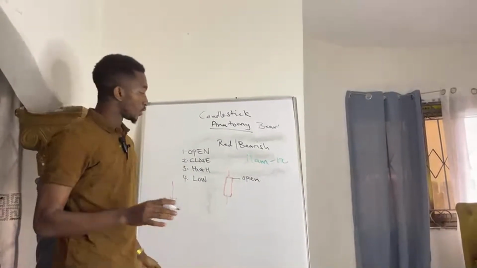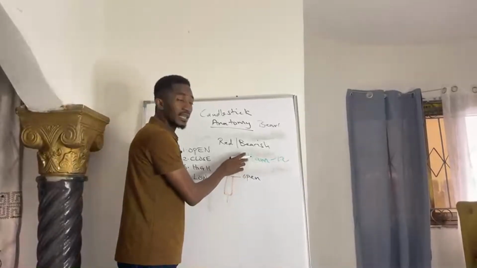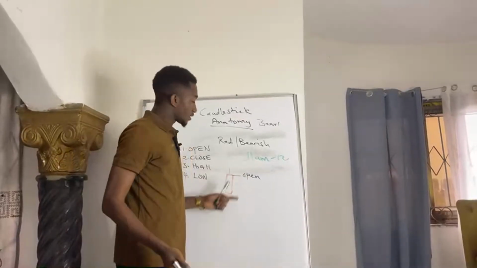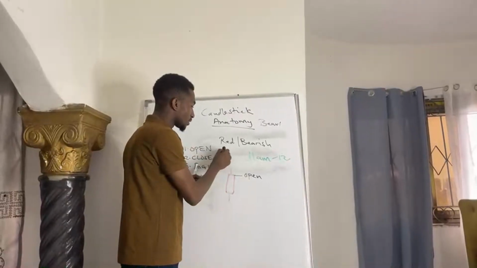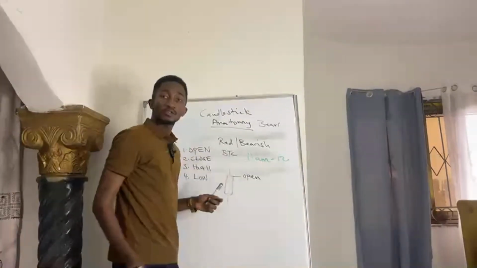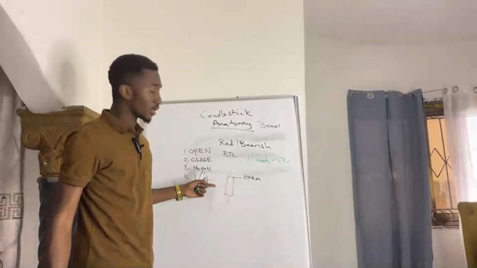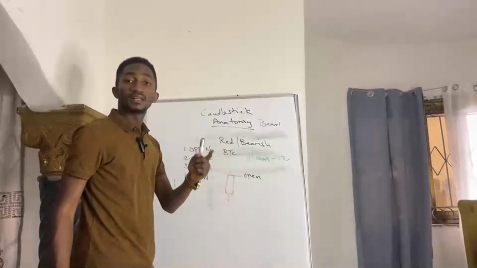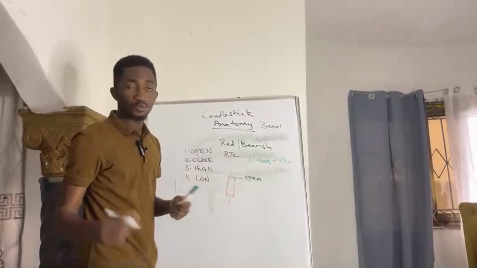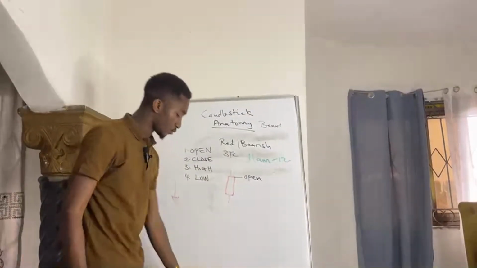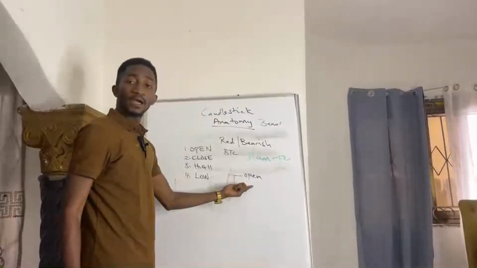Let's say at exactly 11 a.m. Sierra Leone time, and let's use BTC. Let's say this is the candle of a BTC chart. At exactly 11 a.m. Sierra Leone time, that's going to be about 12. Just confirm and move with your time zone. So the price opened here.